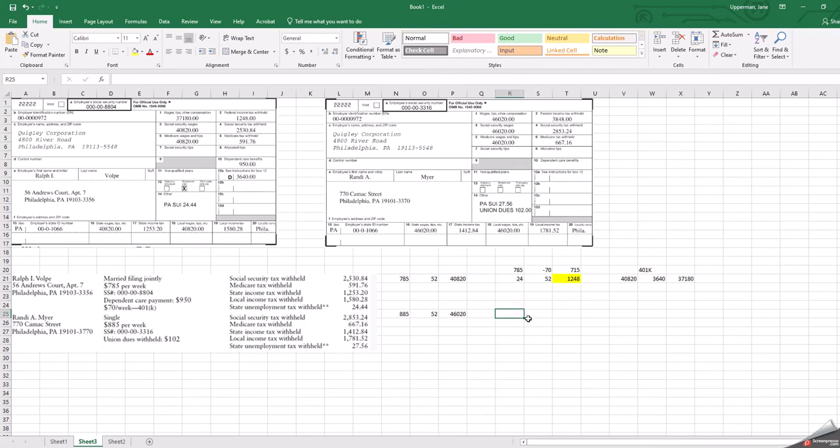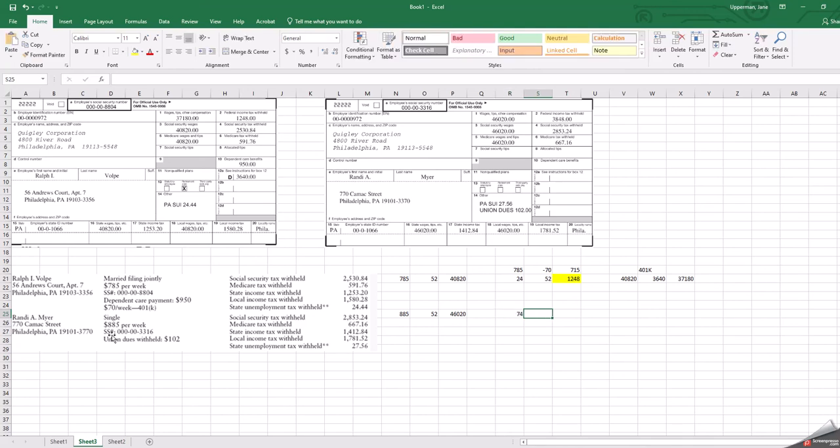If we want to go to the tax tables for him, his pay is $885 a week, and he is single. So if I find $885 in the tax tables at the single rate, he is $74 a pay.